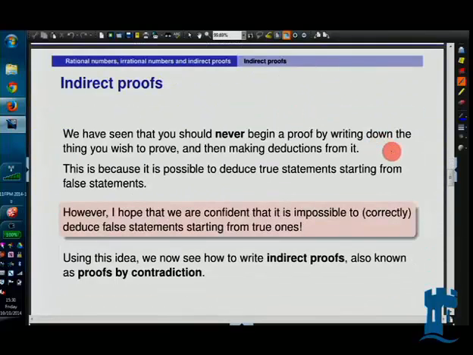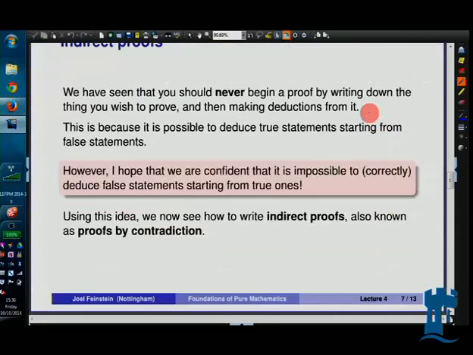Right, now, I've given you a warning about backwards logic and how dangerous it is to start by writing down the thing you want to prove at the beginning and making deductions from it, and how that could be a complete disaster. If you write something false down, you may deduce something true from it, and that doesn't help at all.